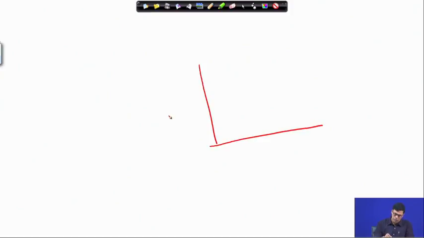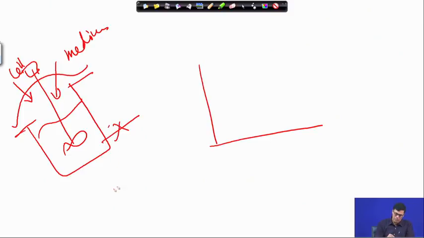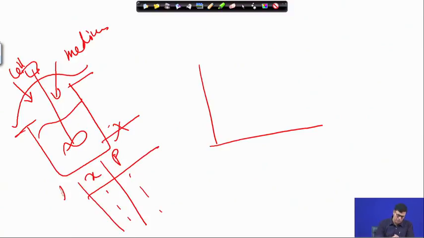Now, what I want to point out, suppose this is a batch fermentation process, and here first we put the media, then we put the cell. Am I right? Then time to time you can draw the sample. So, you can find out x and p at different times, with respect to time.